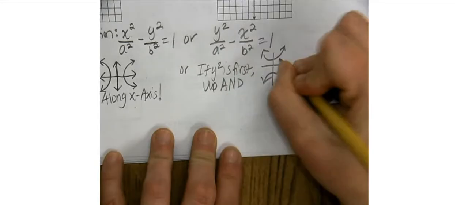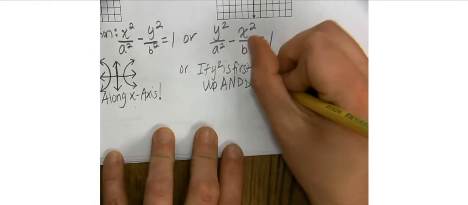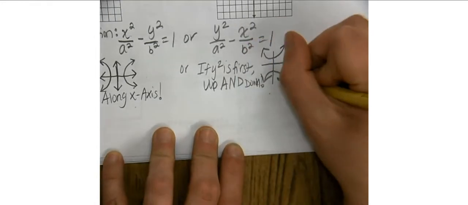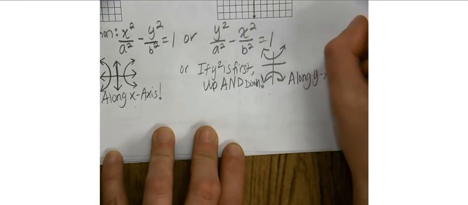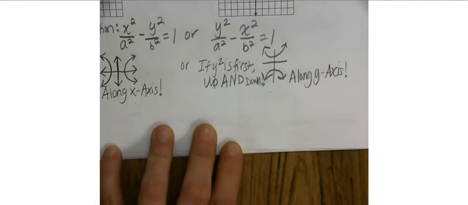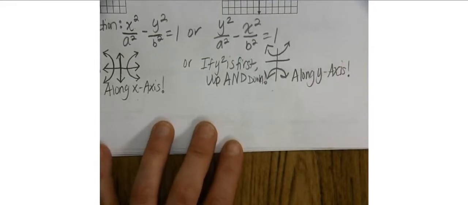So we're going to be graphing both at the same time, so up and down. And this will be along the y-axis. So to know which shape we're going to be graphing, it just depends on which is coming first. Is x squared first, or is y squared first?